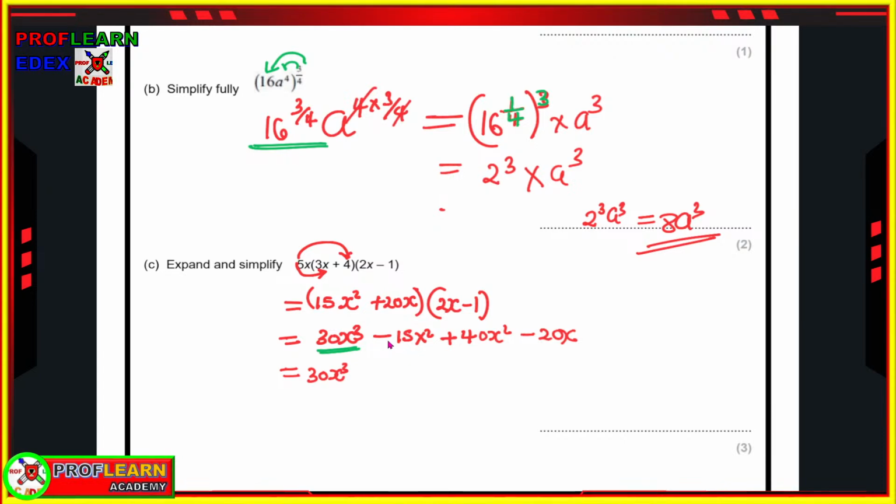Minus 15 plus 20 plus 40 becomes 25, so this becomes 25x squared, and then the last term becomes minus 20x. So that's what the equation reduces to, 30x cubed plus 25x squared minus 20x, and that is what our equation reduces to.